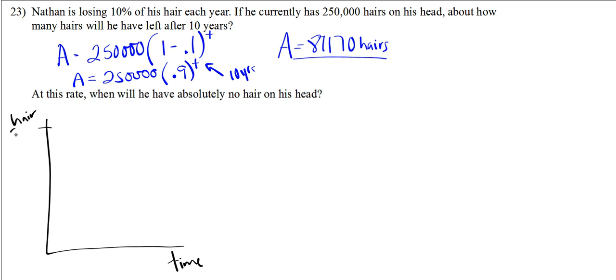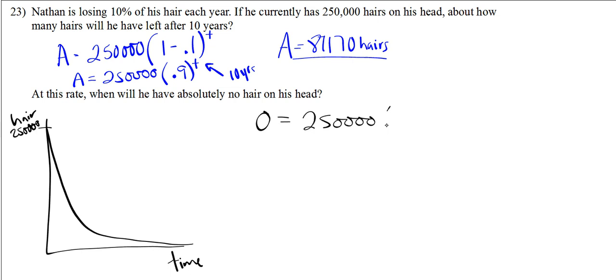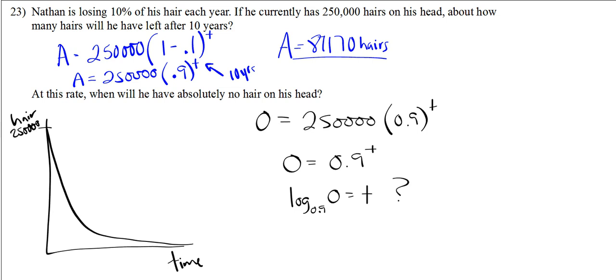If we have some starting point, 250,000 hairs, and the decay function looks like this, it comes down and it flattens out. If we were going to do this function, we'd have 0, 250,000, 0.9 to the T. Divide by 250,000, that doesn't change 0 at all. 0.9 to the T. Then you'd have log base 0.9 of 0 equals T. You plug that in your calculator and it'll give you an error message.